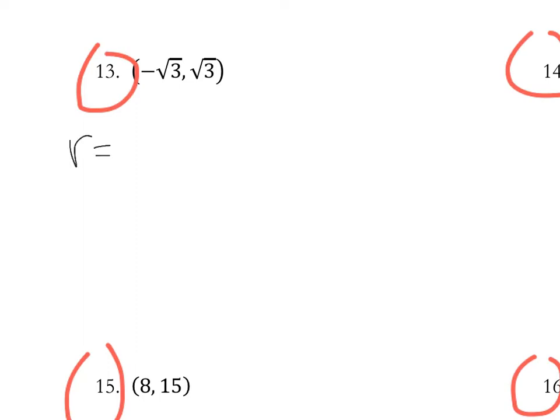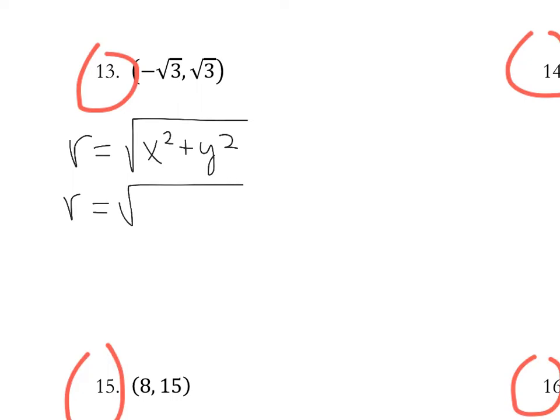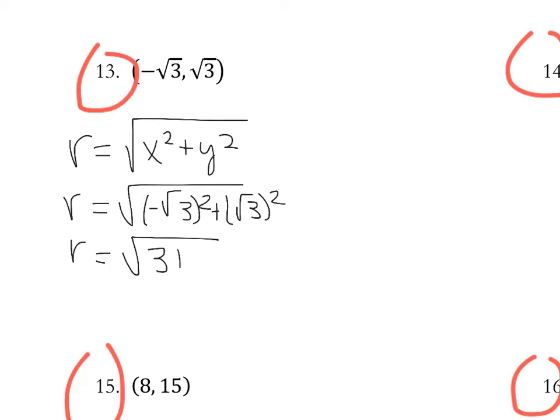If I want to find r, the formula for r is the square root of x squared plus y squared. So for this one, that's going to be the square root of negative radical 3 squared plus radical 3 squared. When I square negative radical 3, it comes out to just positive 3. This also comes out to positive 3, which means I get the square root of 6, and I can't simplify that at all, so that's r.